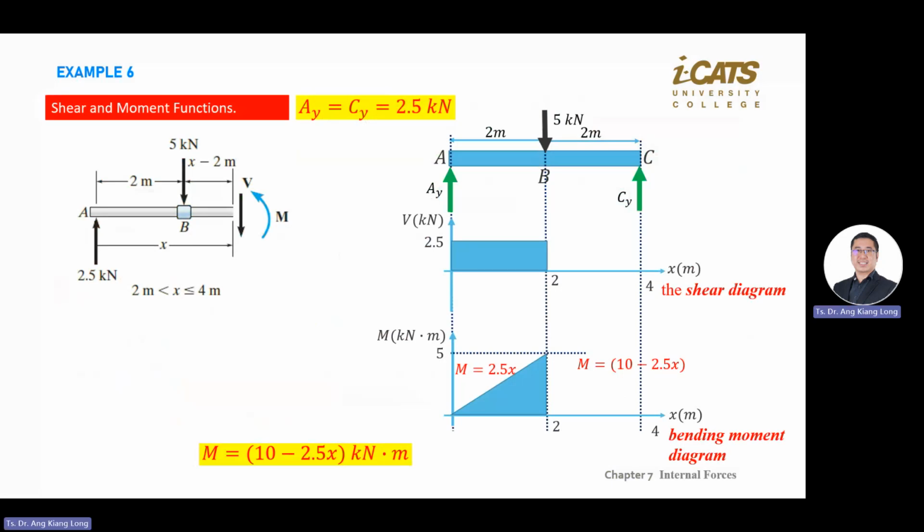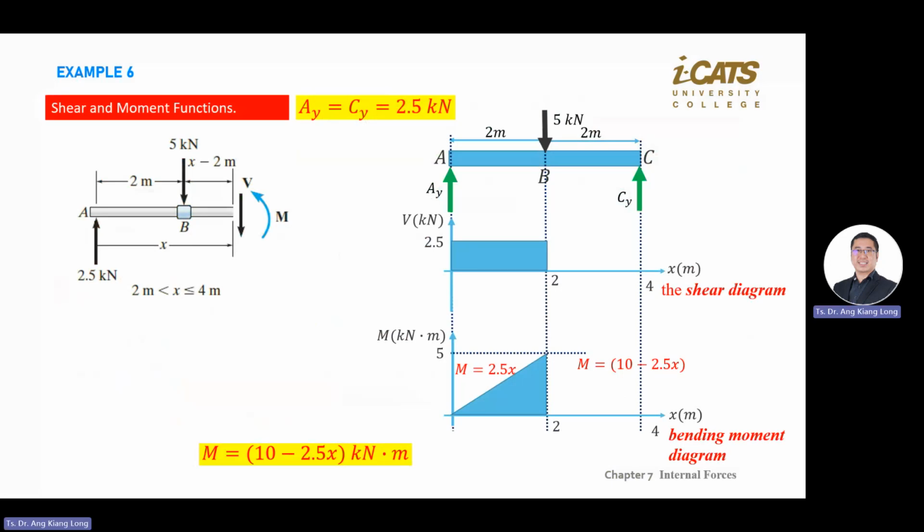The structure is 4 meter, so you choose a section that is far across the half of the section. Then you label x from A. This 2 is A to B, with the point load of 5 kilonewton. So the distance of B to the cut section, you take x minus 2, right? This one.